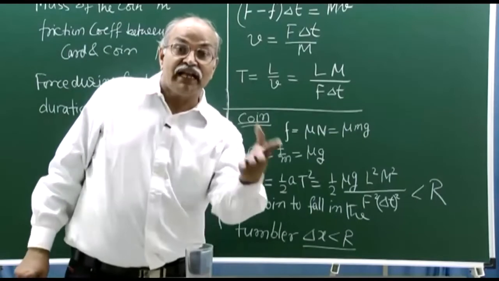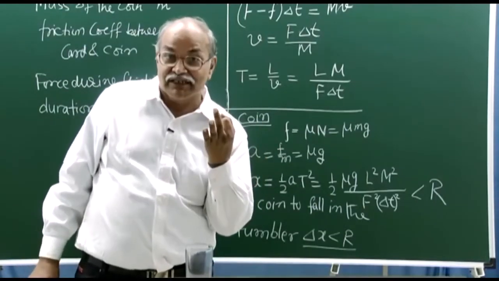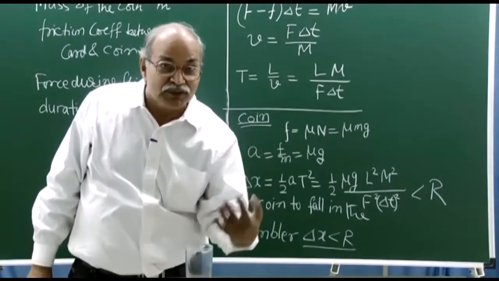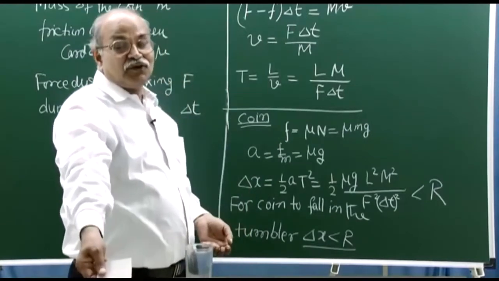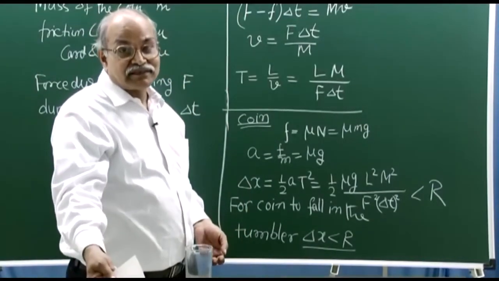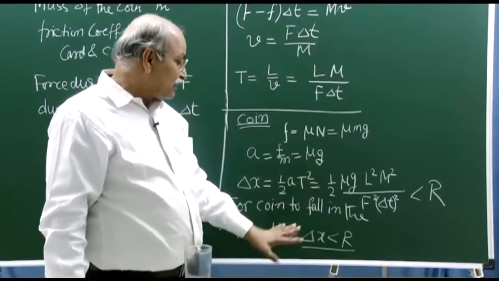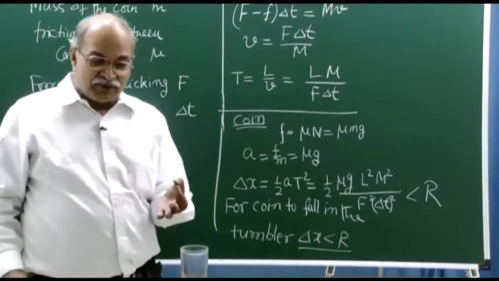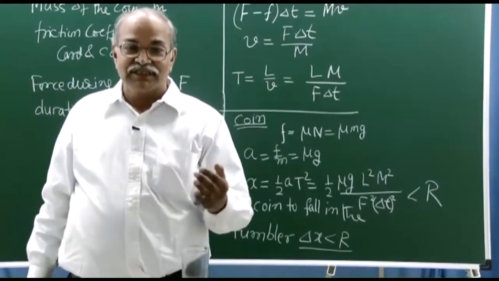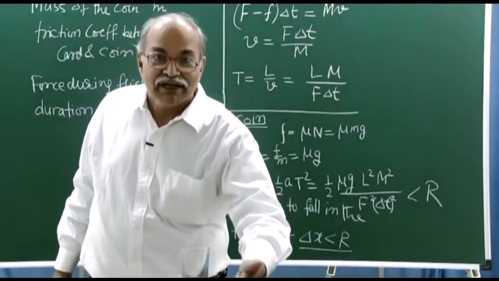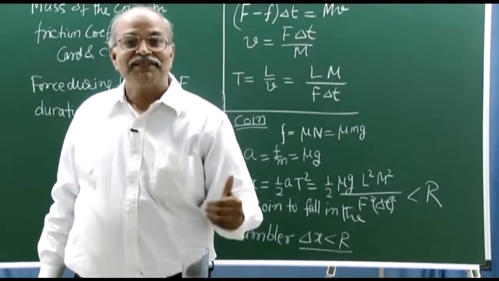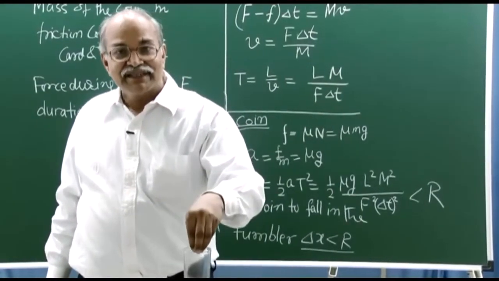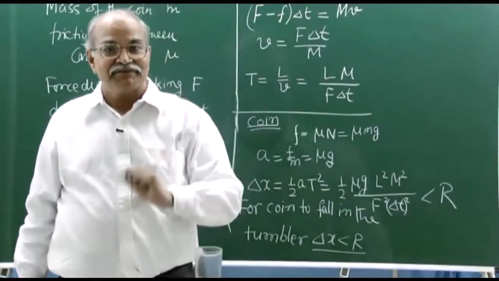So, you have to flick very hard. If you flick with a much smaller force, perhaps the coin will go outside the glass. So, that is how the things work, and that is why you saw in some of the cases the coin fell outside the tumbler, and in some of the cases it went inside the tumbler.